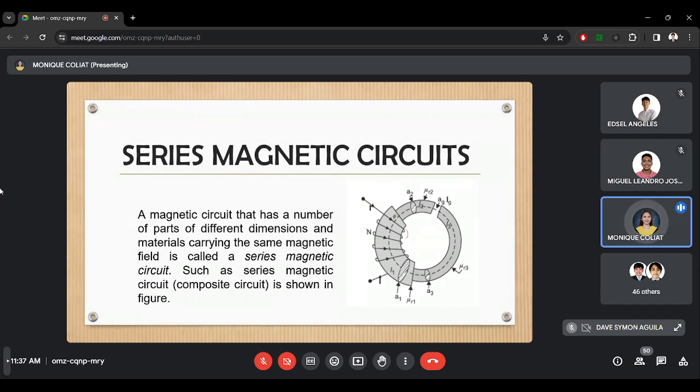We also have only one number of turns because they are all together in that winding. But we have different dimensions, different areas, different lengths, and different permeability because they are different materials. That is an example of a series magnetic circuit.